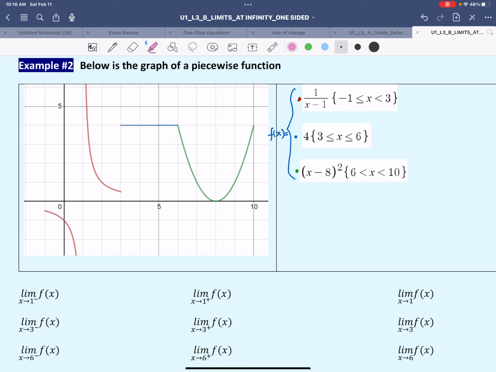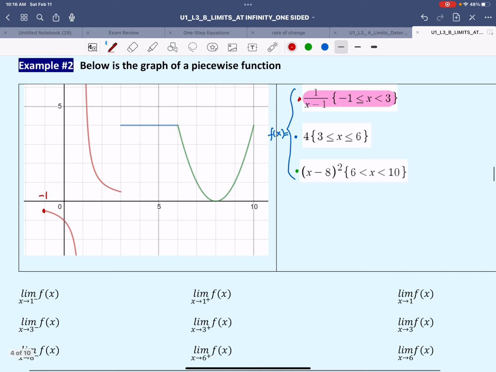Now notice how the first piece of the function, which is a rational, exists in the domain between -1 and 3, where -1 is included and 3 isn't. So what you see in here is this red graph that will start at x equals -1. -1 is a point included on the graph of this function, and it will end at x equals 3.